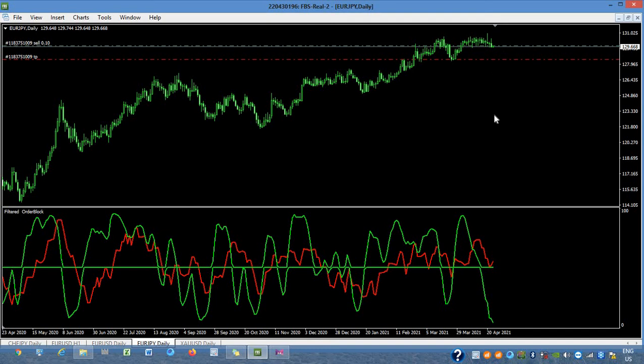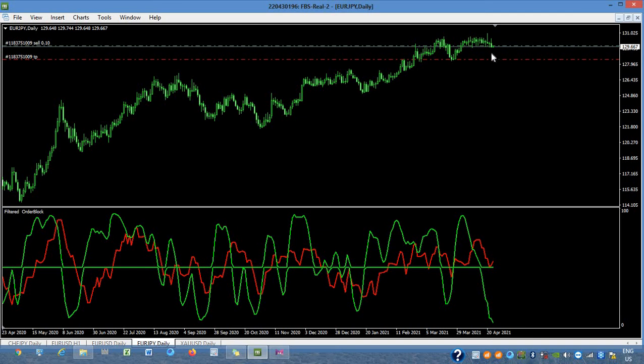We will take this trade because, as you can see, the order block is still on the downside below the zero line, and the momentum is going up, signaling that this trend has started to become volatile.